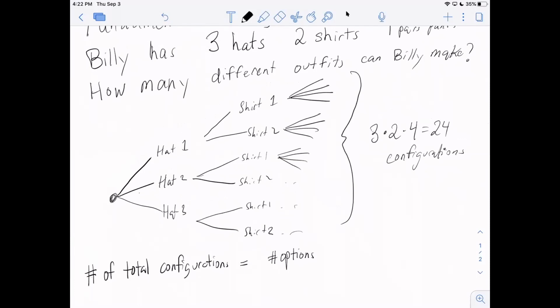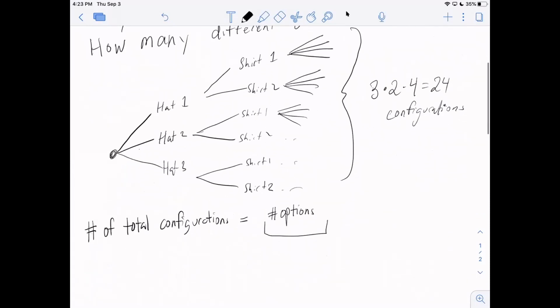So you have different categories, and each category has a number of options or choices to make. So this is category 1.